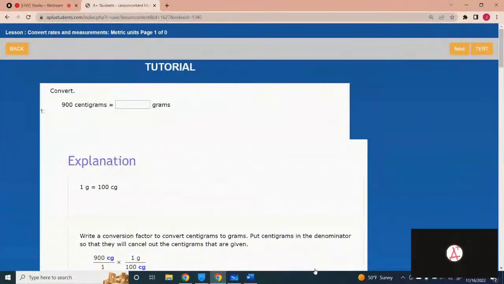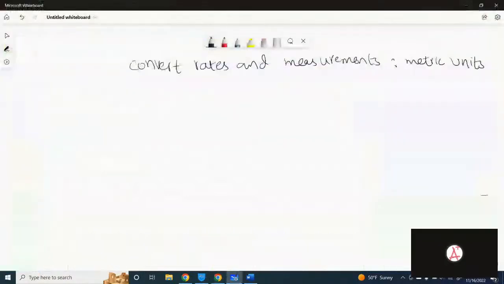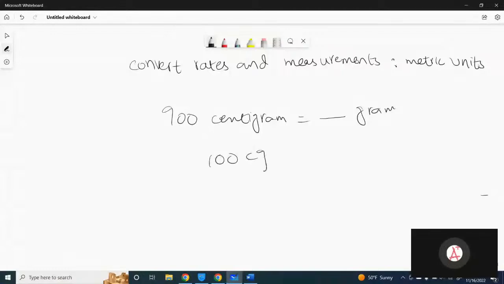Got it? Start with this: you have to convert 900 centigrams to grams. So we know that 100 centigrams equals 1 gram. Got it?